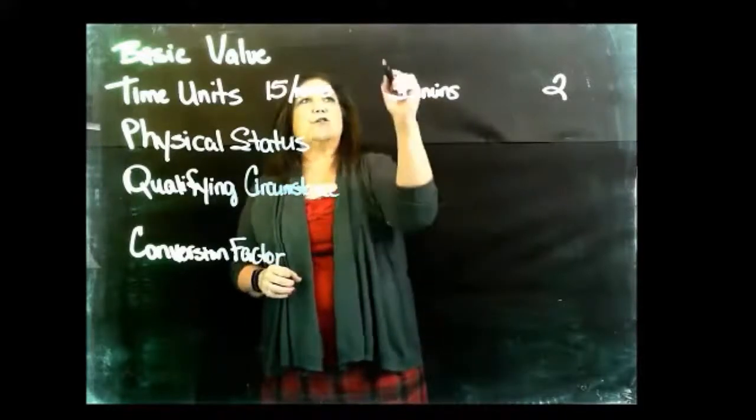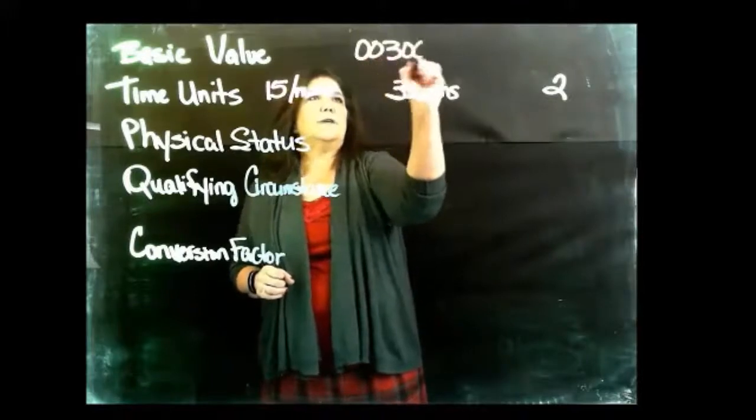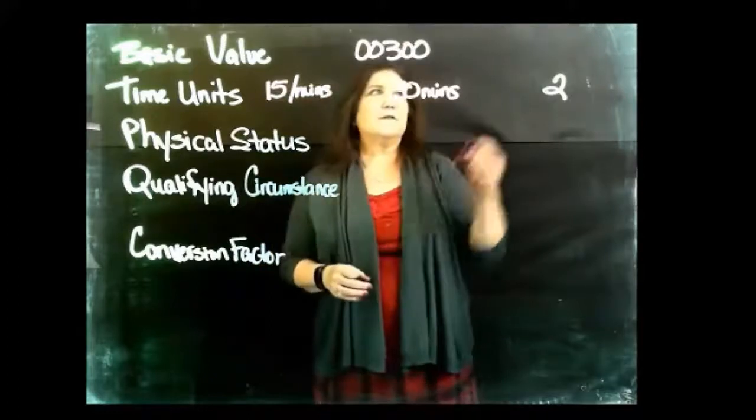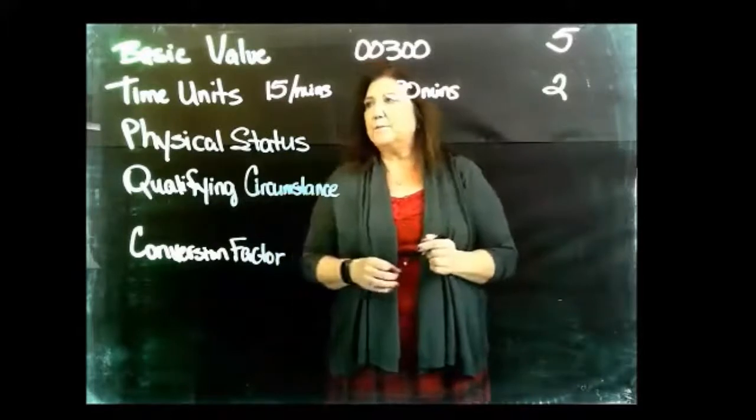The code that was charged by the anesthesiologist was 00300, and we know that the basic value for 00300 is 5 because we found that in our appendix.